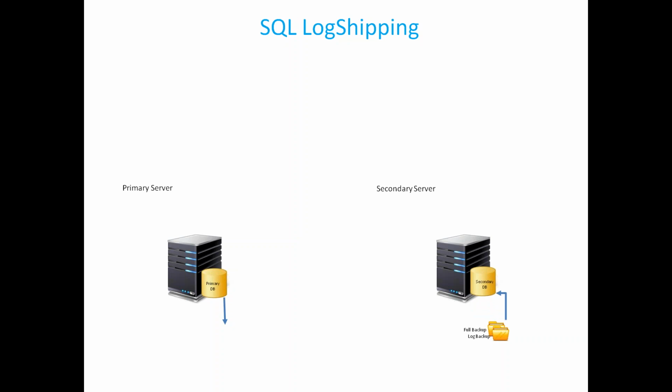So once you restore them, we need to select the with standby option. If you go back to database mirroring, the option we selected was with no recovery. But in log shipping, while restoring the database backups we need to use the with standby option.